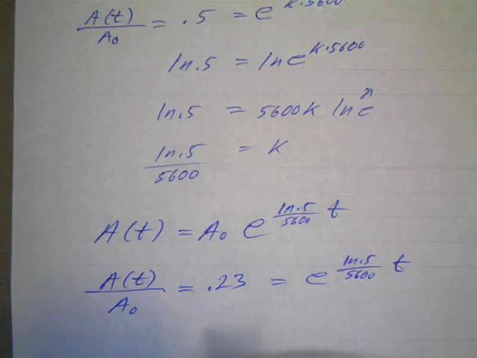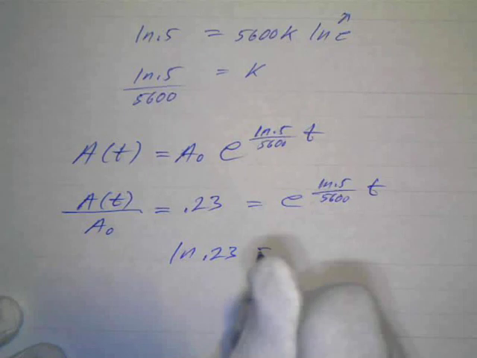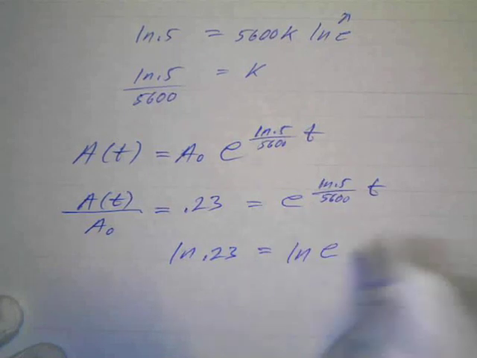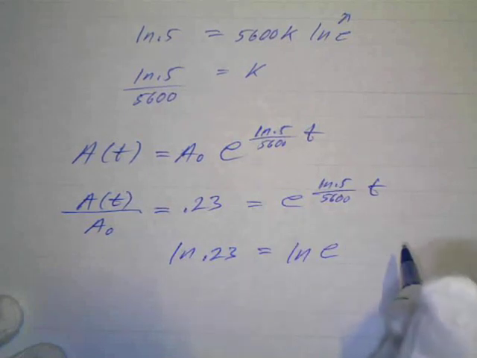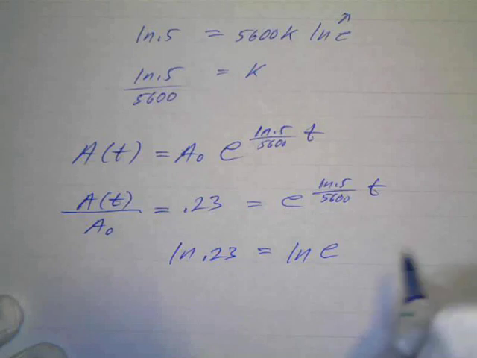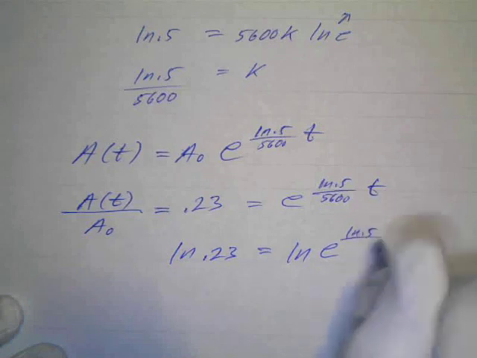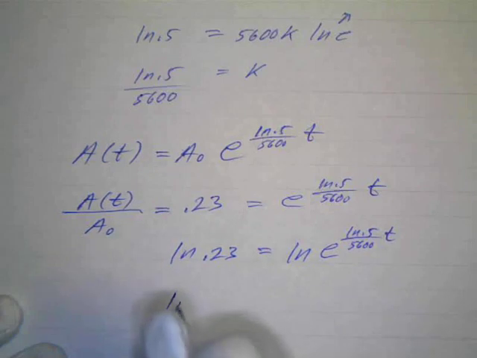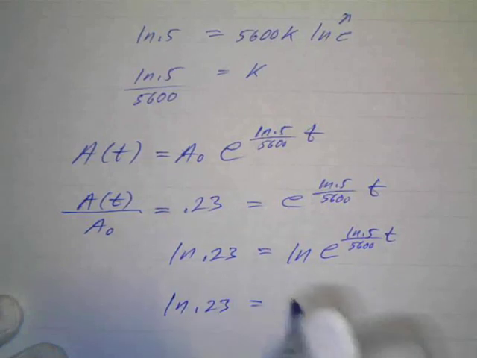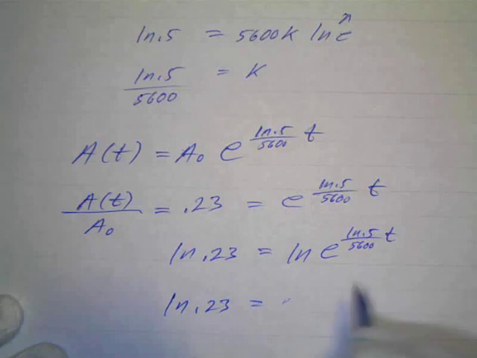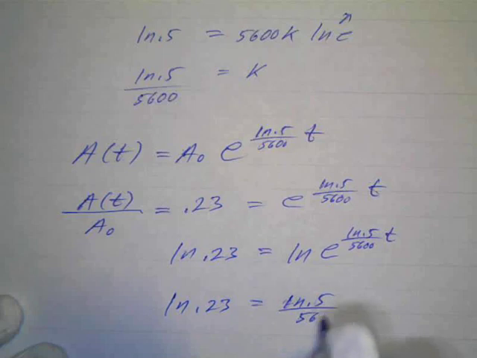So just take the natural log of both sides. Now I can bring that in front. 0.23 equals the natural log of 0.5 over 5600 times t.